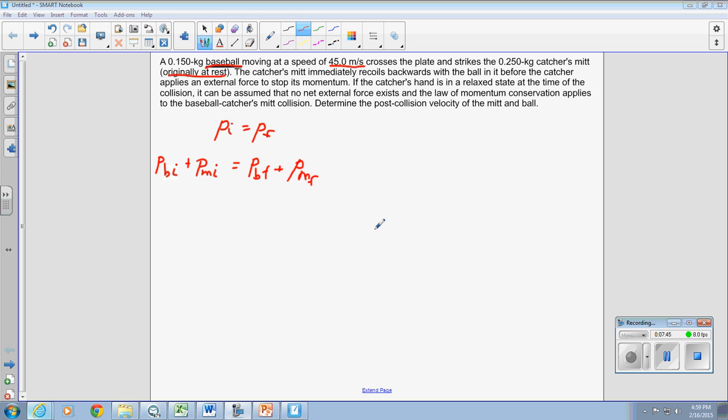On the final side, we're going to figure out the momentum of the ball final and the momentum of the mitt final after the collision. So calculating this, we just need the mass of the ball times the initial velocity of the ball, plus the mass of the mitt times the initial velocity of the mitt.